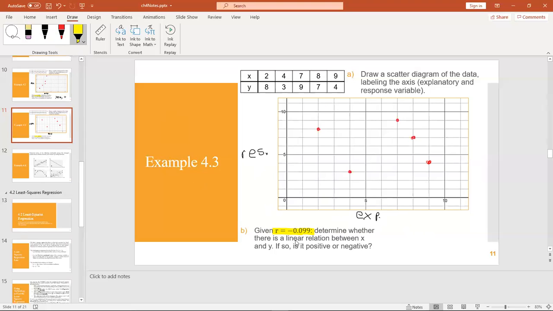Well, negative 0.099, that is a value that is very close to 0. That is not large at all. So this would be no, there is no linear relation to speak of. And again, this is essentially flat. They're just spread out all over the place. There's no real pattern in how the points are falling out on the graph.